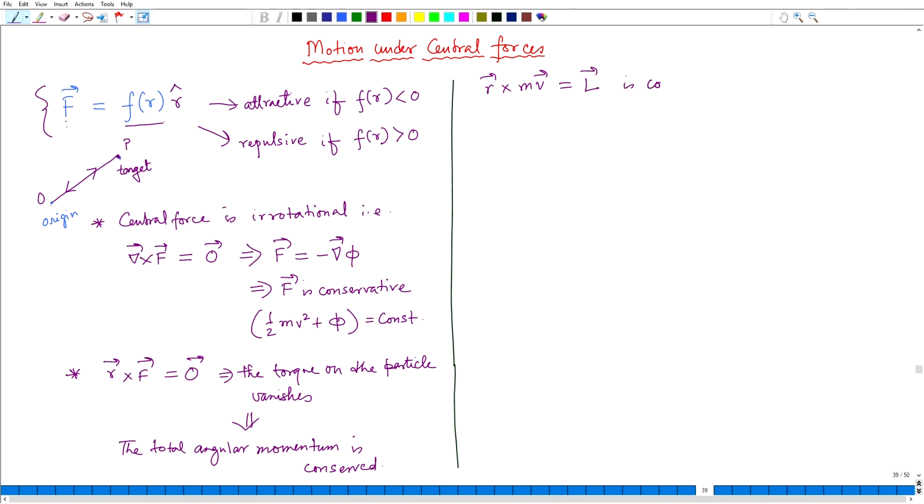This is conserved vectorially. Vectorially conserved means the direction is constant in time, and the magnitude is constant in time separately.